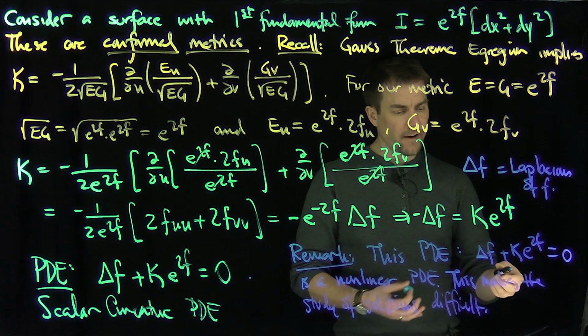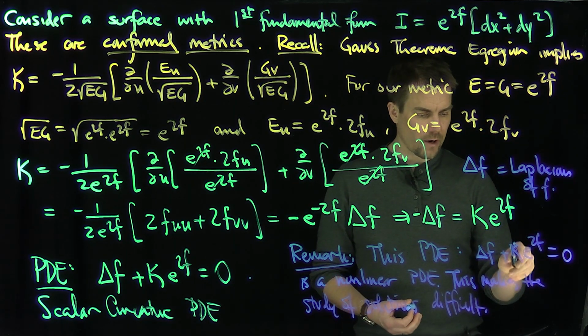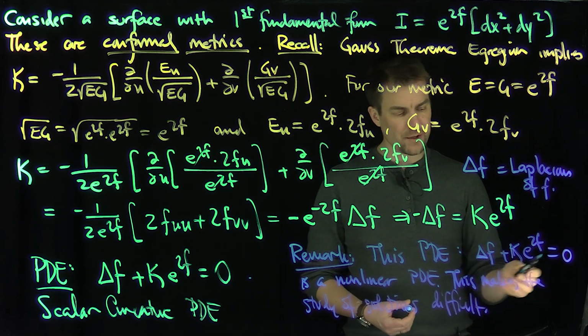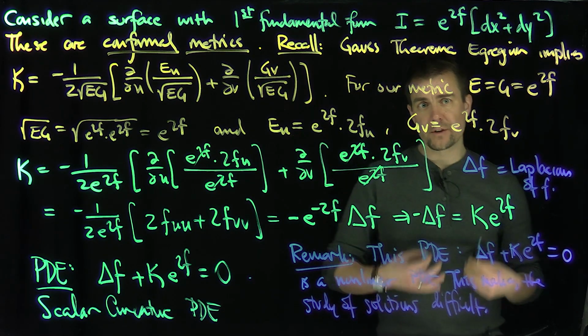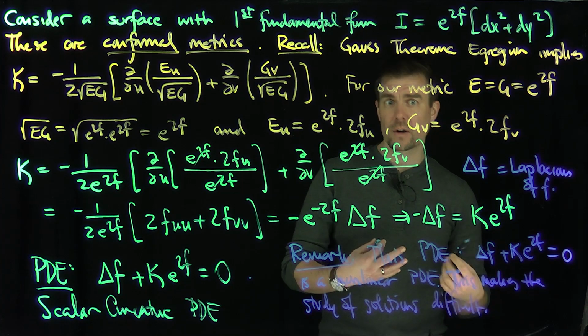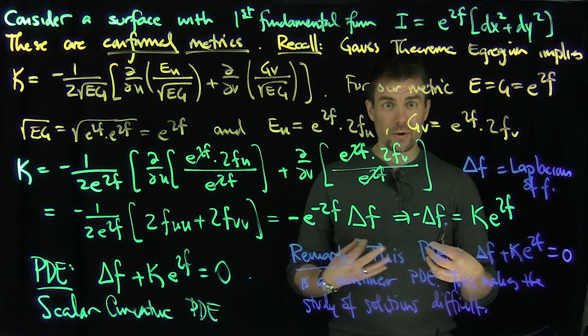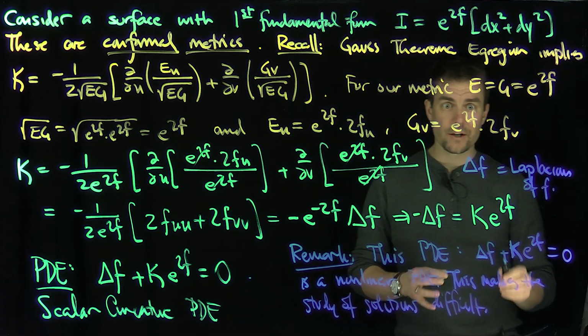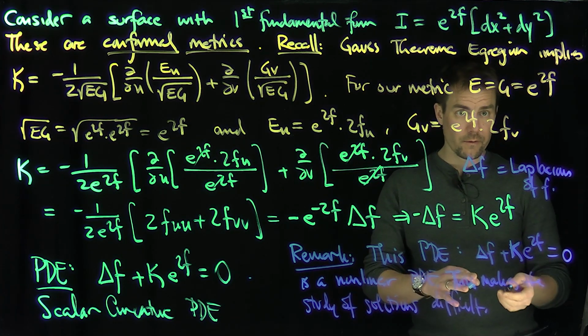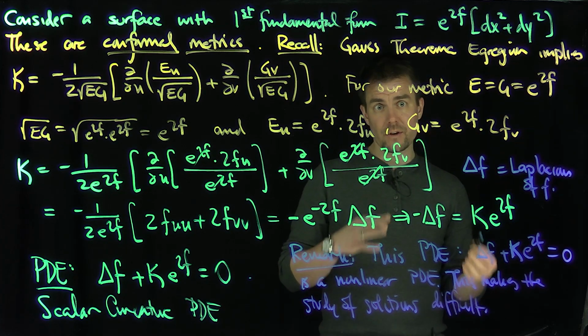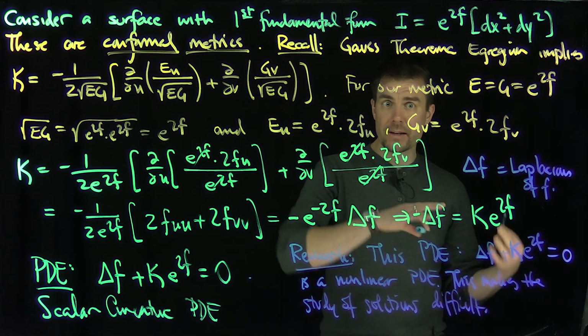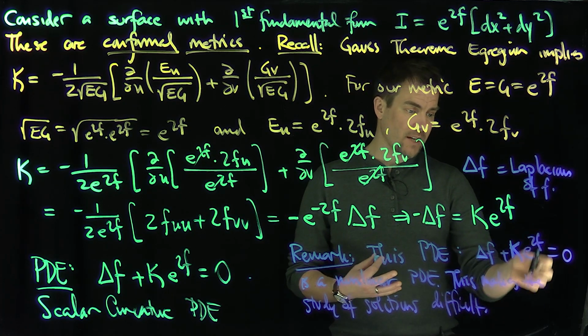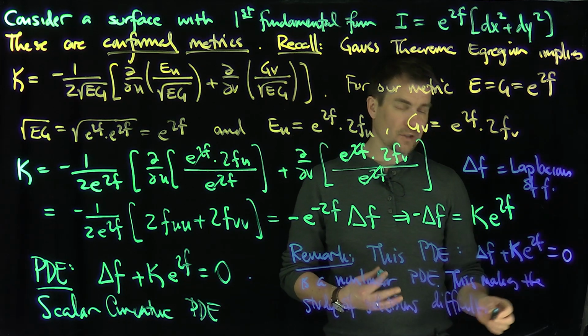In other words, suppose I prescribe a curvature, right? If I say, here's what the curvature is, can you find a function f such that the conformal metric has the prescribed curvature? Finding a conformal metric with the prescribed curvature is a really difficult problem because it amounts to solving this nonlinear partial differential equation, called the scalar curvature PDE. So in further videos, we'll analyze special cases of this PDE to see if we can get some analysis of these things, because we know, for example, that this is a non-negative expression over here, right?